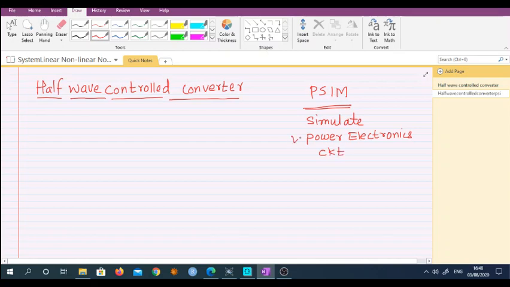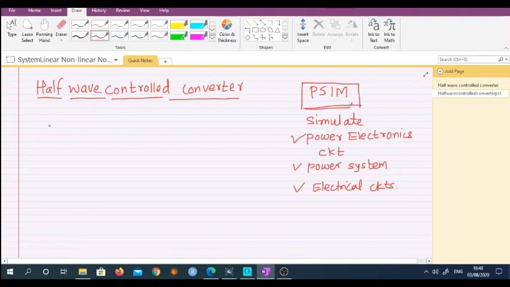So we can simulate power electronic circuits, we can simulate various power system based circuits, as well as few electrical circuits also we can simulate in PC. So this is a very famous software that we are going to study in today's lecture.